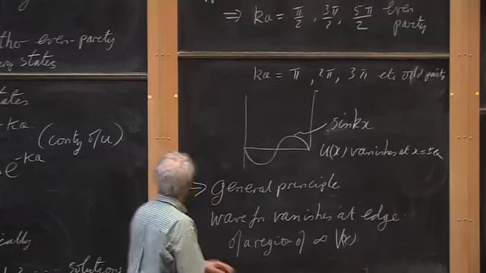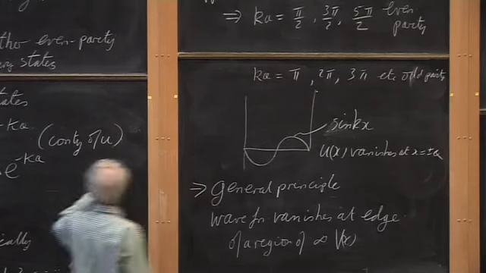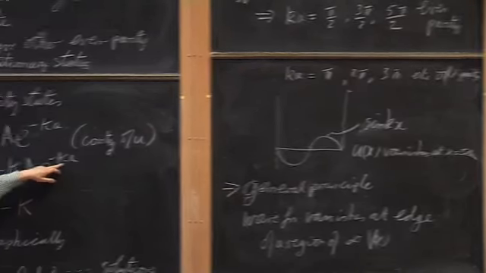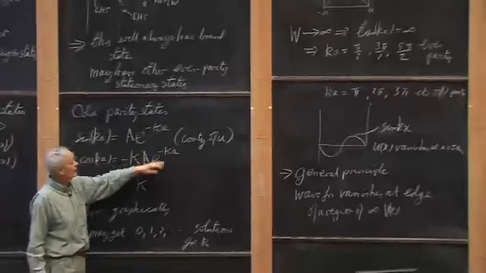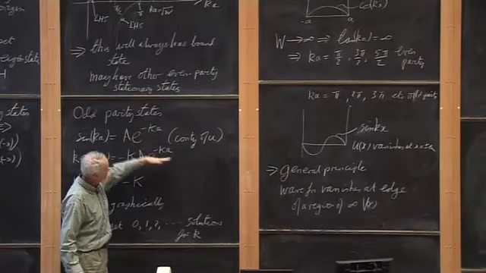Physically, what's happened is that this big K has grown bigger and bigger, and therefore this exponential has grown steeper, and the curvature of it has grown larger and larger.